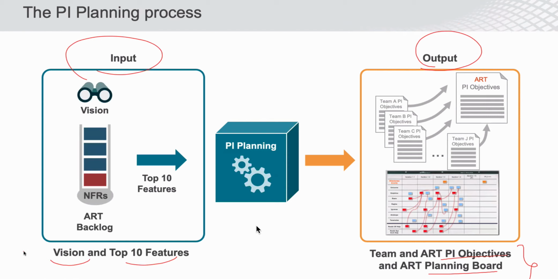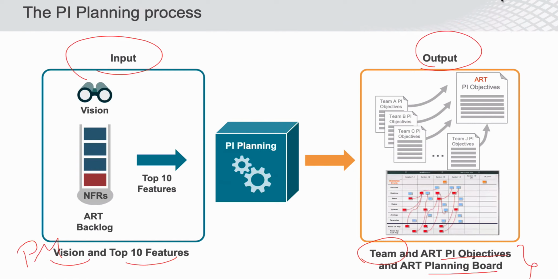The lean portfolio management, not that. Who's responsible? PM. It's the product management. Yeah, PM. Okay, so product management is bringing your vision, your roadmap, any additional materials, your top features that have been refined, have been prioritized. Your teams are the ones who are going to be taking these features, breaking them down into stories.